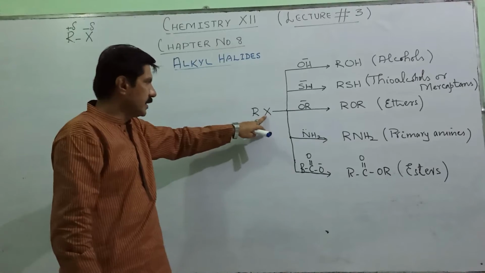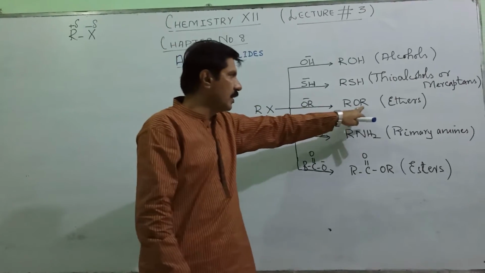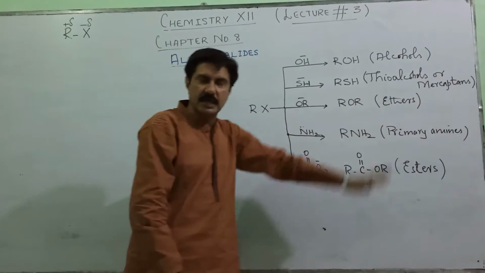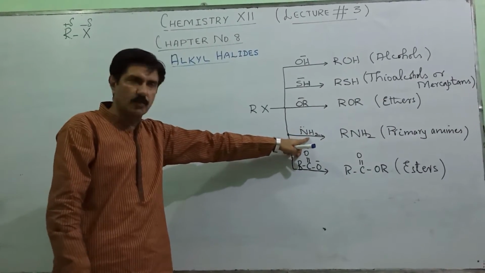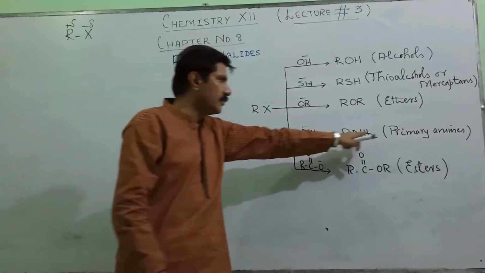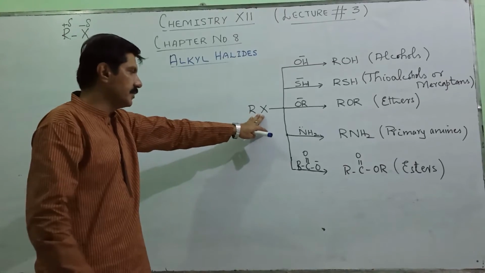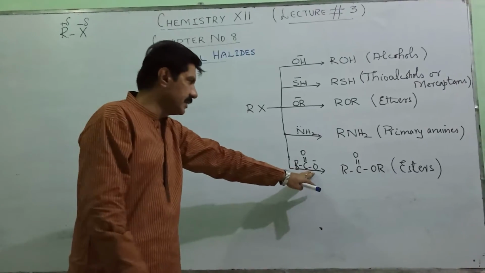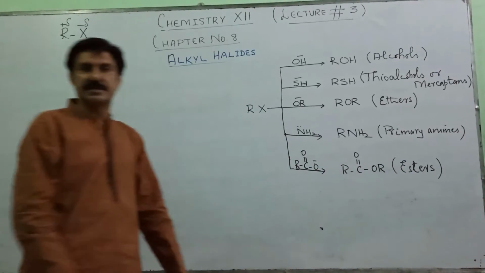Alkoxy group replacing the halogen atom makes a bond with R to give you R-O-R, meaning ethers are formed. Again, alkyl halide when reacted with amino group containing compounds will give you primary amines, and similarly when alkyl halides are reacted with compounds containing the ester group, the compounds formed are called esters.